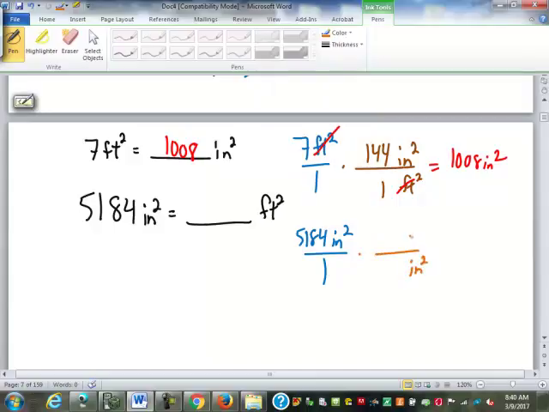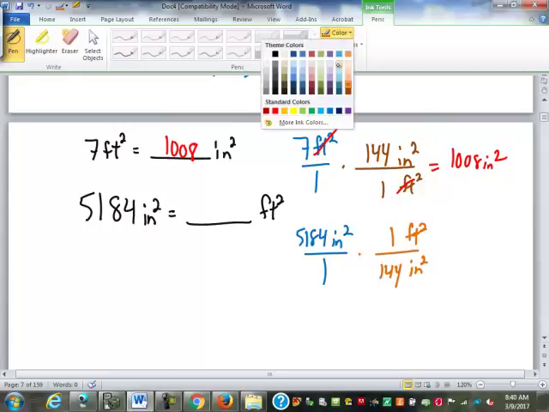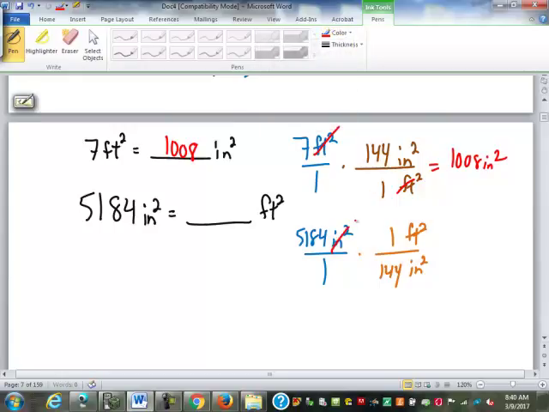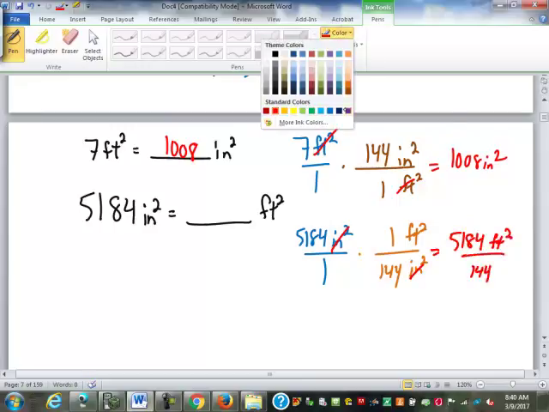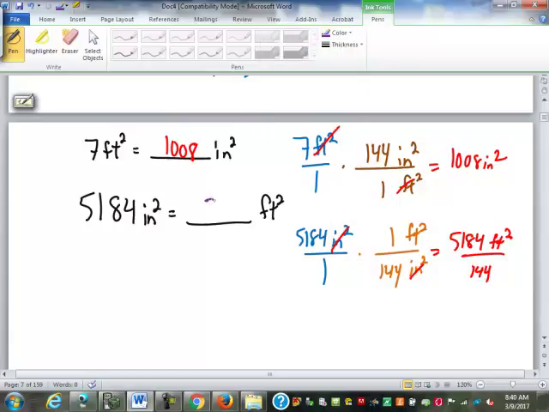Square inches on bottom, square feet on top. 1 square foot is 144 square inches. Square inches cancel out. 5,184 square feet over 144. 5,184 divided by 144 is 36. What do you think? Still better than a sharp stick in the eye?